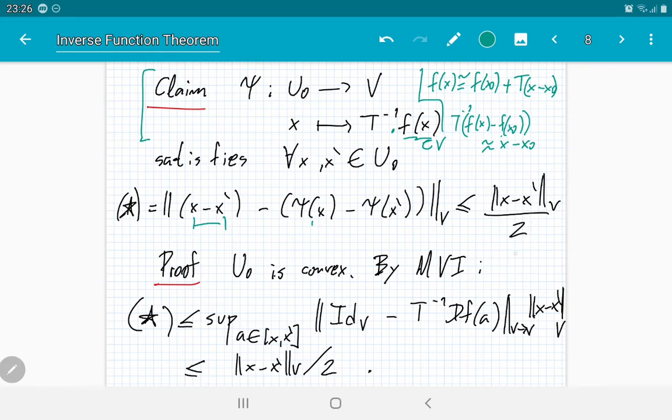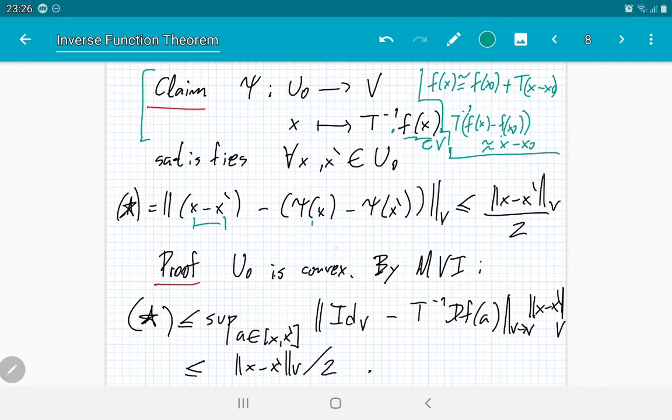Right, so how do you prove that? Now, it might be a bit mysterious why we need this, but it's just a way of saying that f of x is very closely approximated by its affine approximation given by a derivative. So, okay, let's accept that that's necessary for the time being. Okay, how do I prove this?